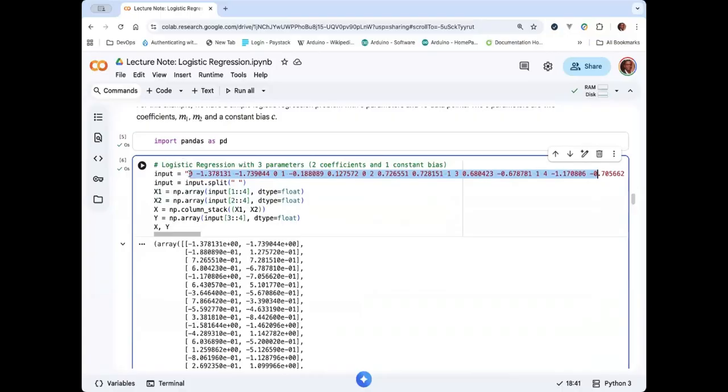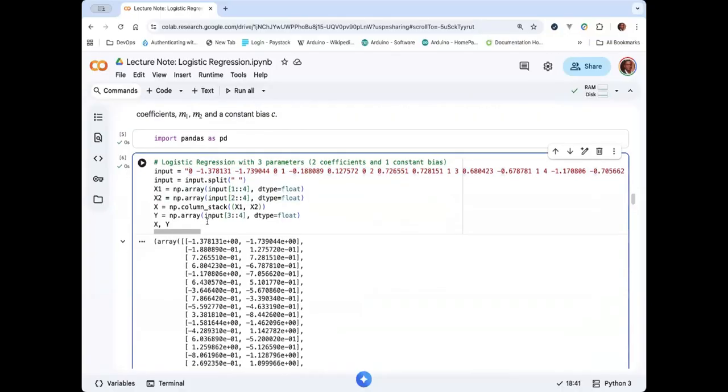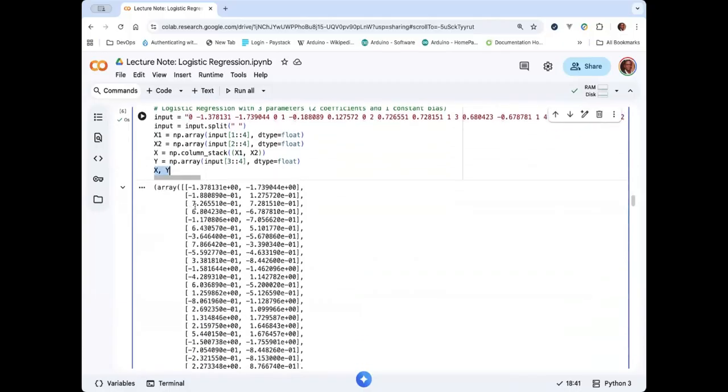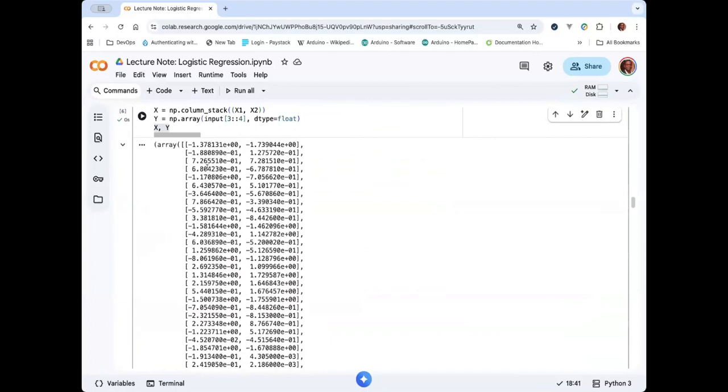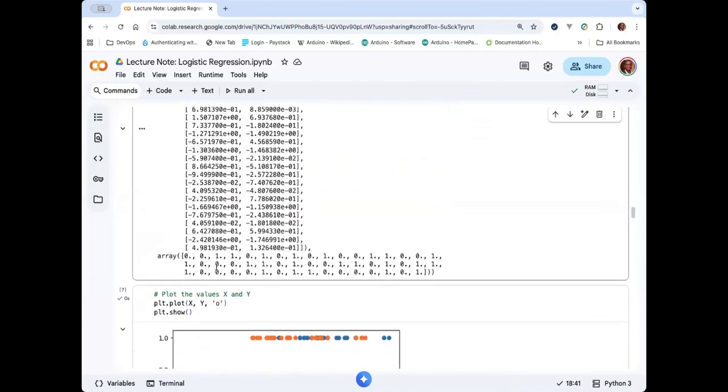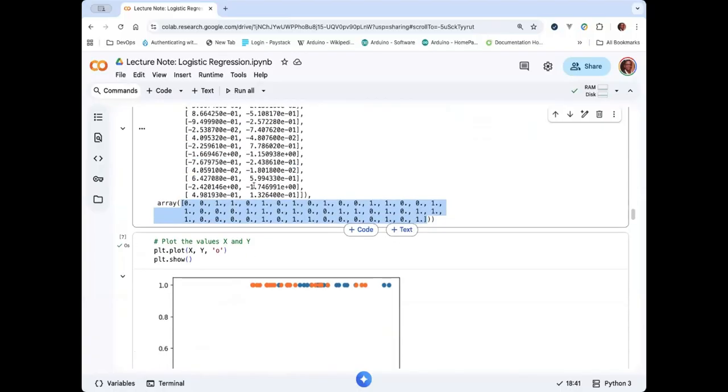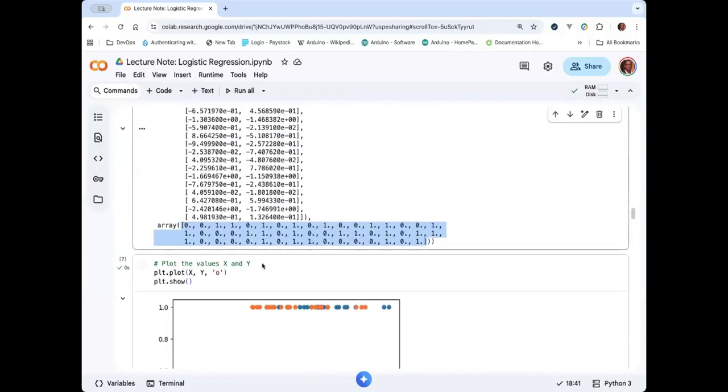So this is a list of numbers that is in a string format. So this is just another way of extracting data. So we end up with x and y. So x is a 2-column, 2-dimensional matrix, basically. And then y is a 1-column vector. So this is the input data we want to predict.